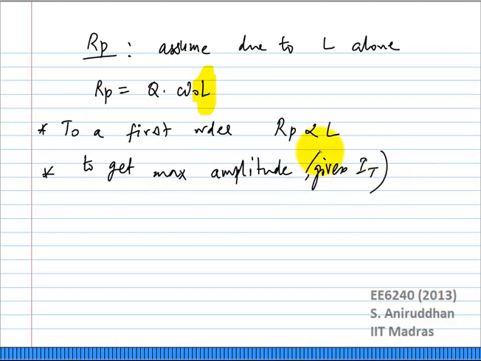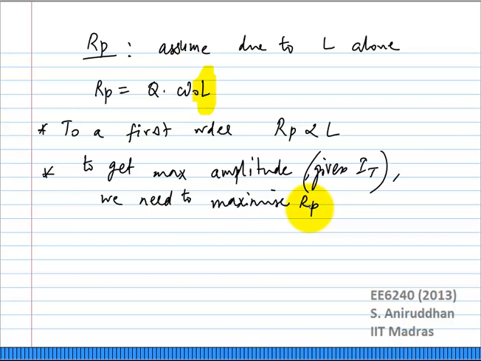I'll say given IP, right? We need to maximize RP. Why do we need to maximize amplitude? To get minimum noise, right? We know that the phase noise has an expression which has the amplitude of the signal squared in the denominator, right?